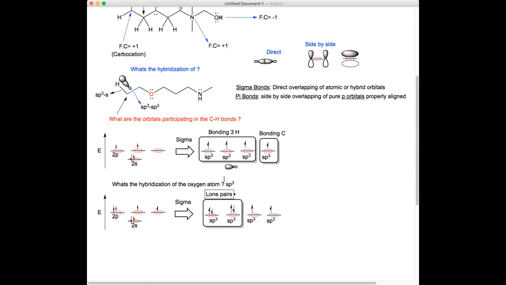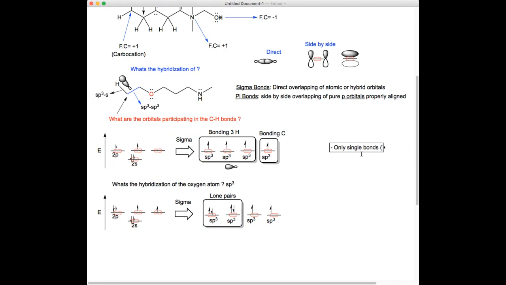Exactly. So 4 hybrid orbitals, because this oxygen, once again, has only single bonds, is sp3 hybridized. Maybe this is going to be easier for you to remember: only single bonds.